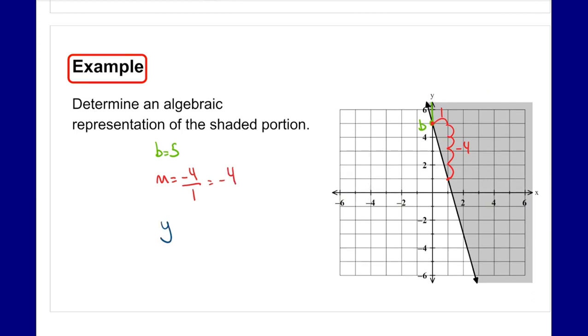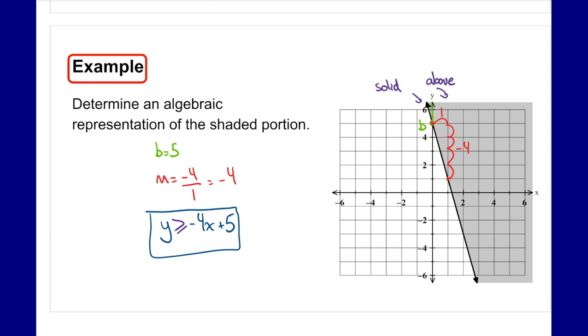So that means we have y -4x plus 5. And for our inequality portion, we look at the shaded region. So the shaded portion is above. So that means it would be greater. And it's a solid line, which means equal to. So the equation for this inequality would be y is greater than or equal to -4x plus 5. And that would be our algebraic representation, or our inequality for this graph.